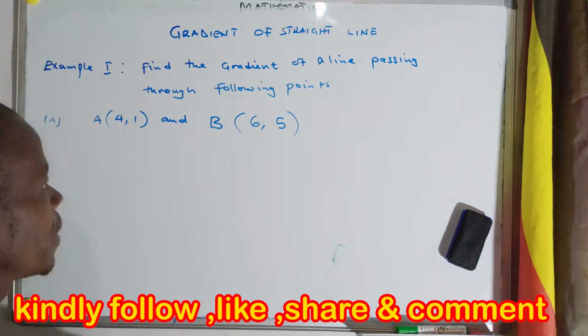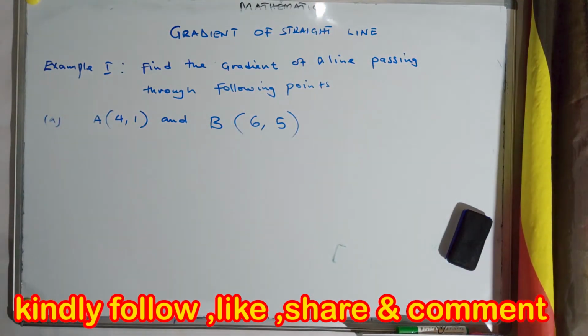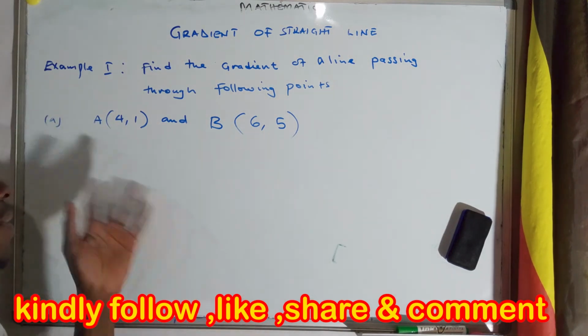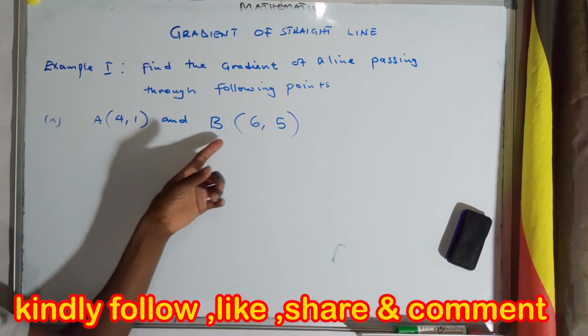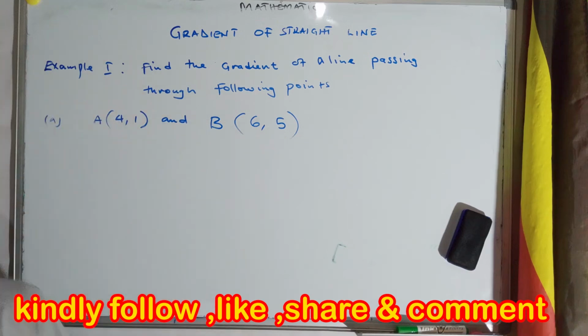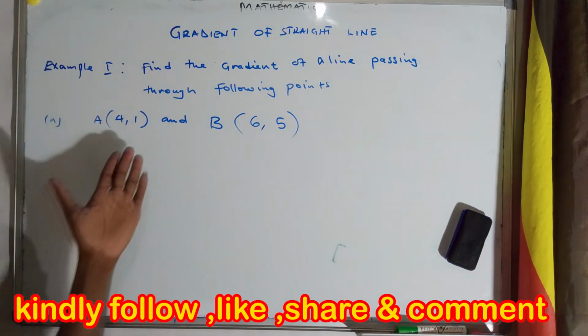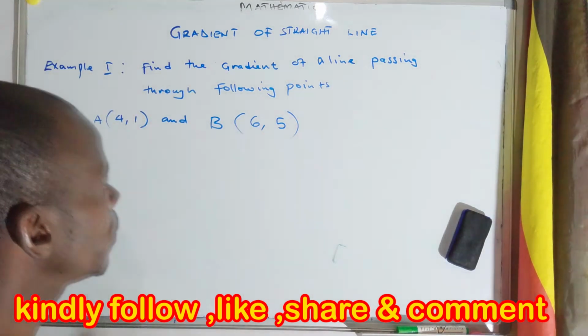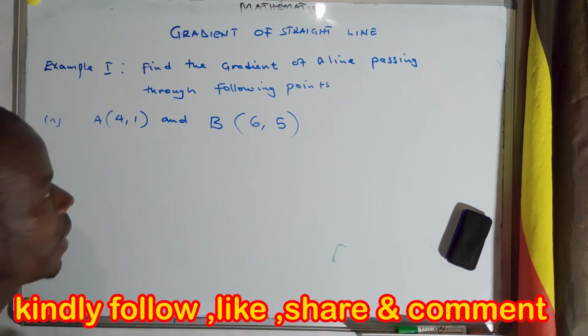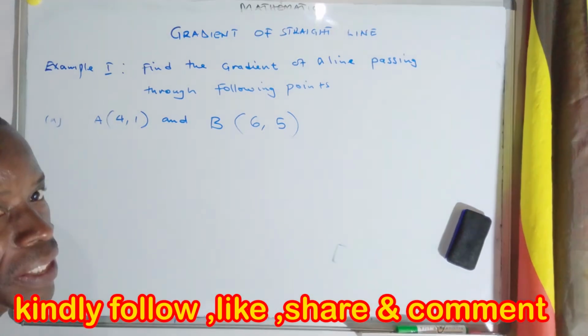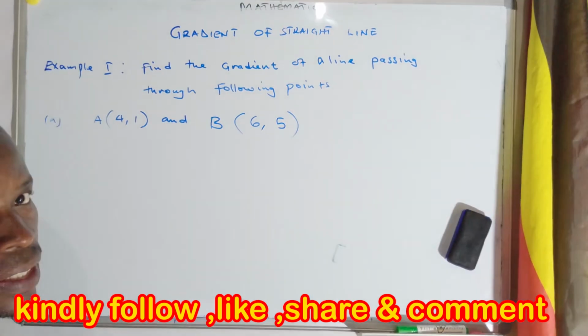So they are telling us to find the gradient of a line passing through the points (4, 1) and (6, 5). So how do you find the gradient of a line? Remember, previously I said gradient is the vertical distance over horizontal distance.